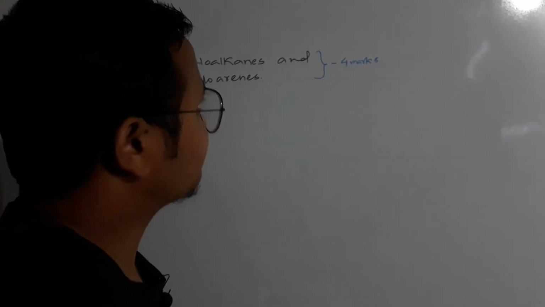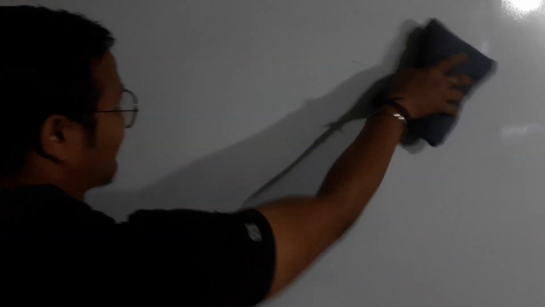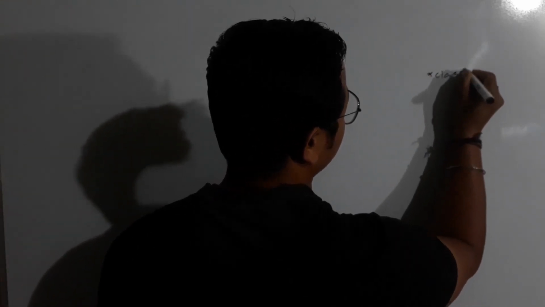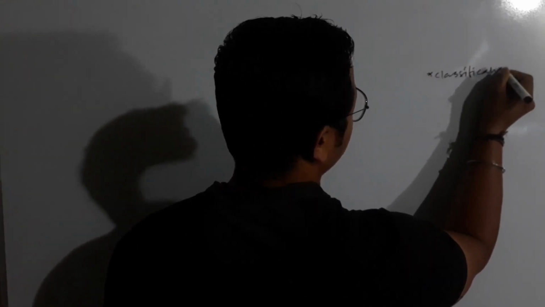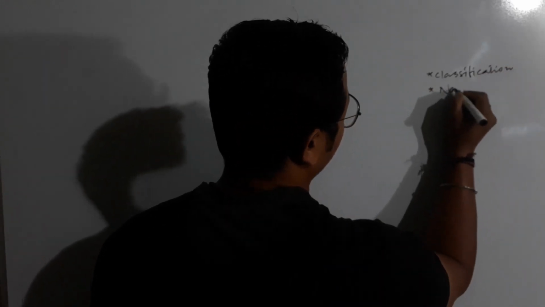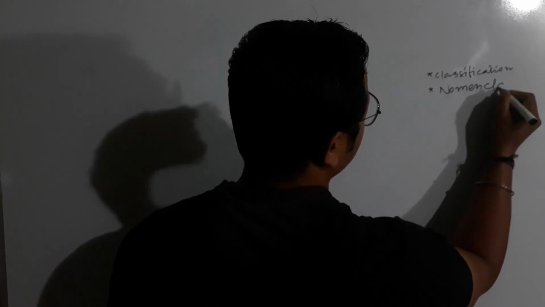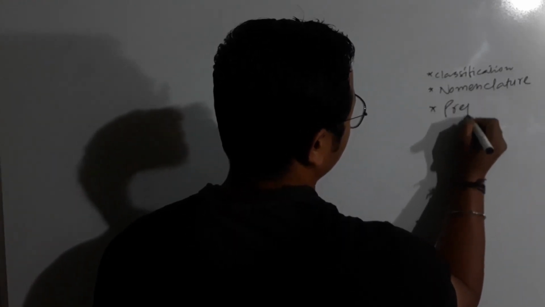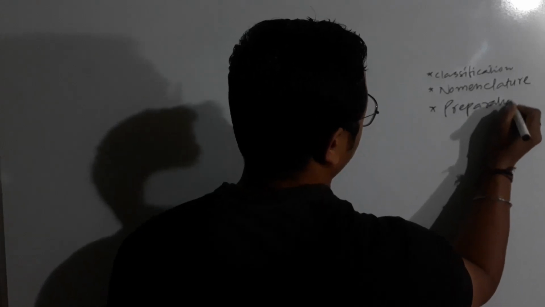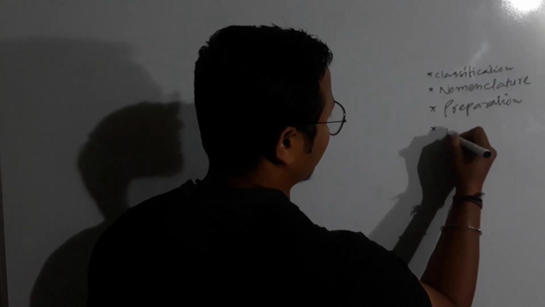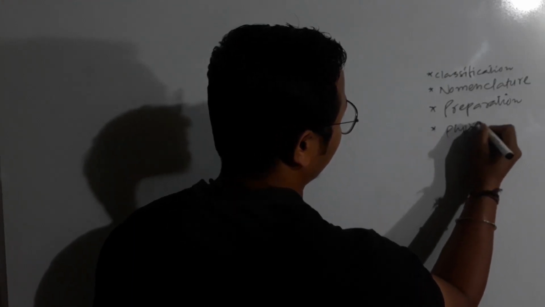So what are the things we have to discuss here? Classification of haloalkane and haloarene. Then we go on to nomenclature, meaning naming. Then preparation of all these compounds, then physical property and chemical property.